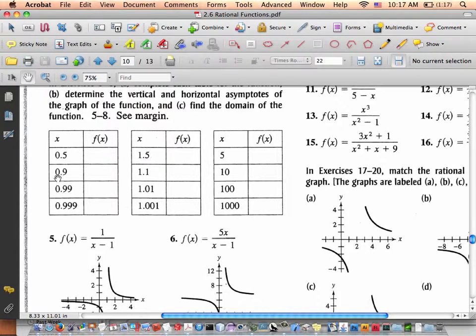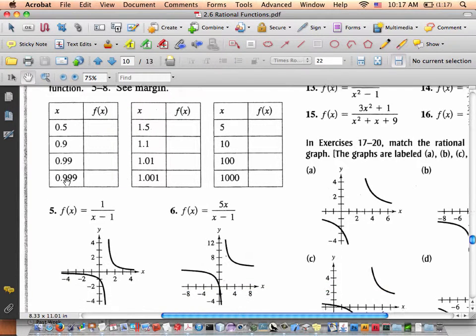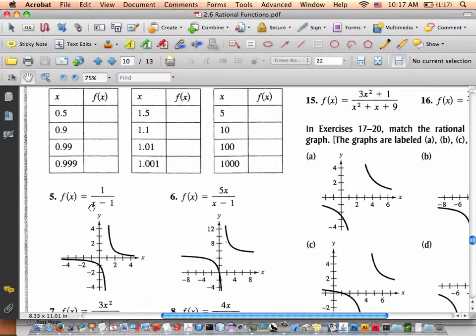We just want to figure out what the function does as we approach from the left. So first what you do, Abby, is you plug in 0.5. 1 over 0.5 minus 1. 1 over -1/2, which is -2. Then when you go all the way to 0.999, you're going to get something that's really negative. So the function's going towards negative infinity.